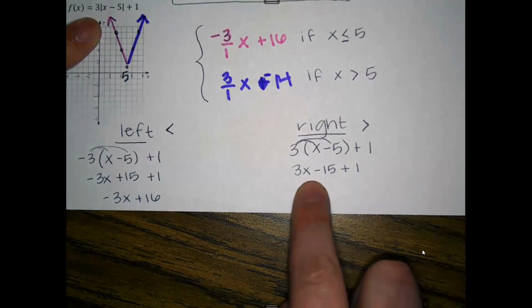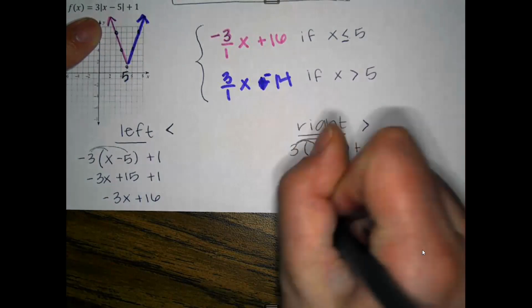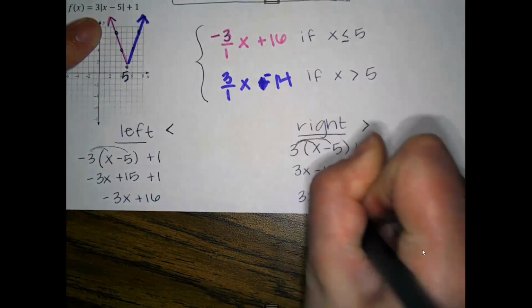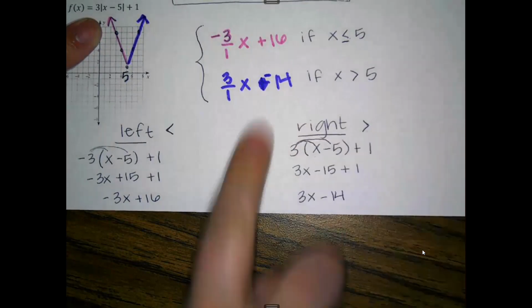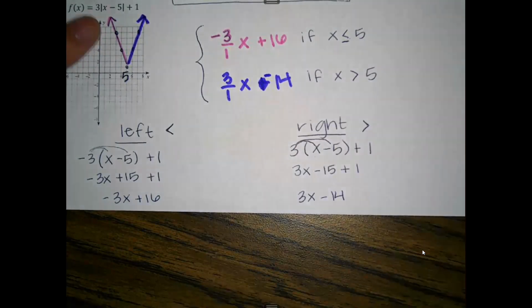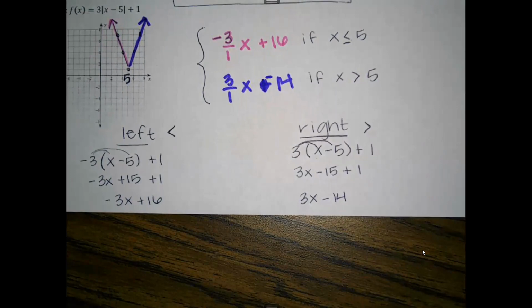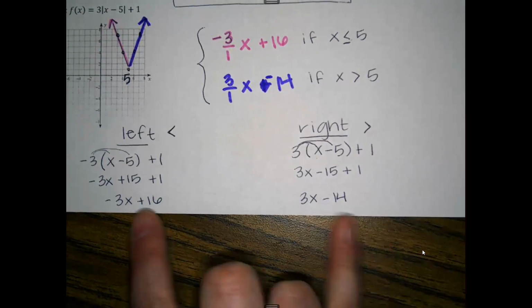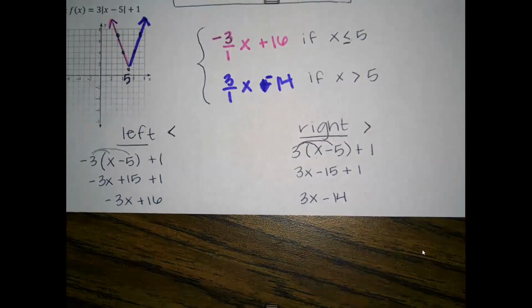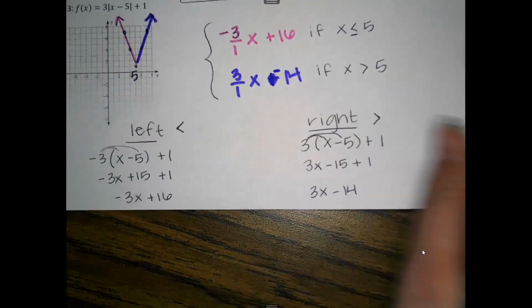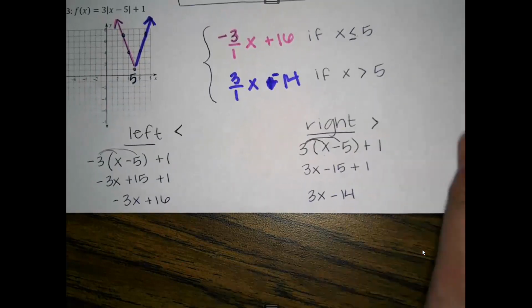Because we have a negative and a positive. So we have 3x minus 14. Does that match the answer that we got? Yes. Okay. So what we're going to do on the next one is we're going to use this method and see if it supports what our answer is in the picture, if it makes sense with the picture. Okay. So let's flip the page over. Let's try the next problem.